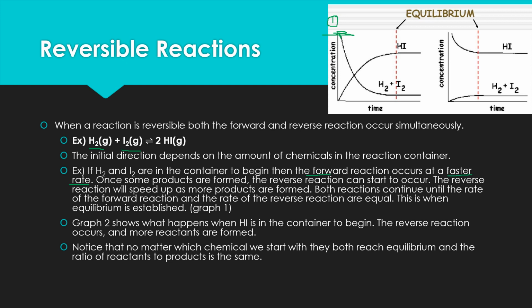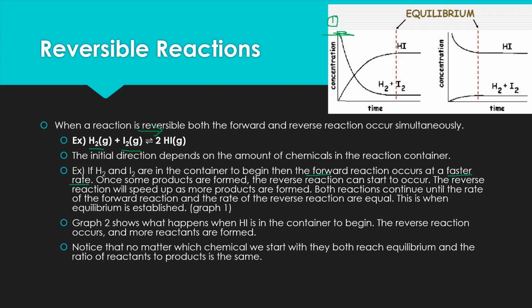We're going to start out with just the reaction going from reactants to products, in the forward direction. Once some of the products are formed, the reverse reaction can start to occur. The reverse reaction will speed up as more products are formed.